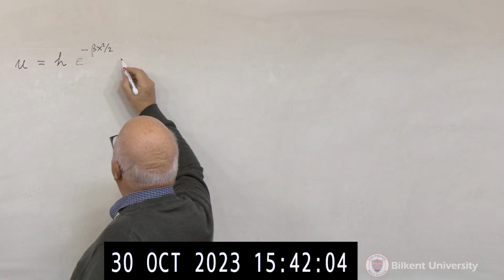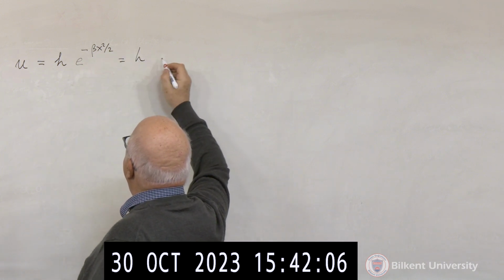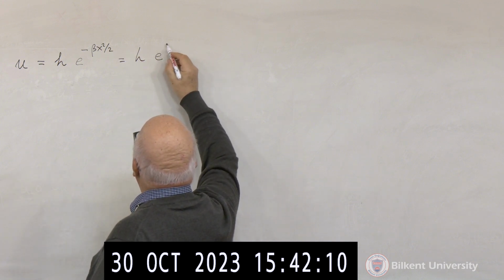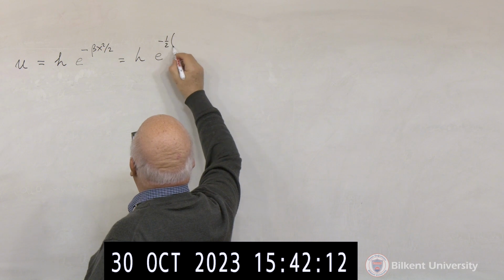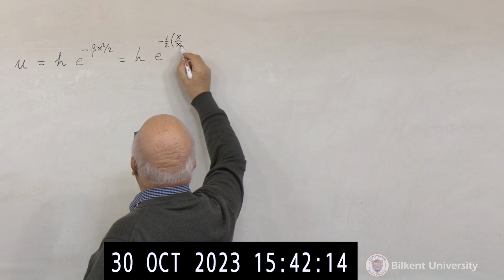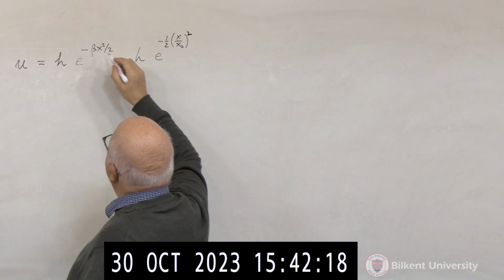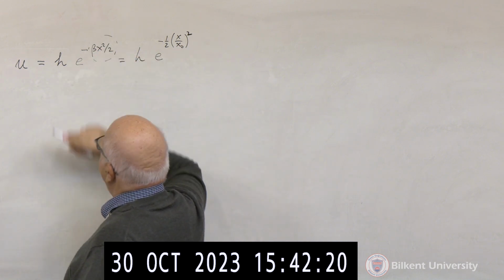In fact, what I'll do is I'll write this as h of, obviously it depends on x, but minus 1/2 x over x0 squared. Because I know that this thing, whatever it is, has to be unitless.